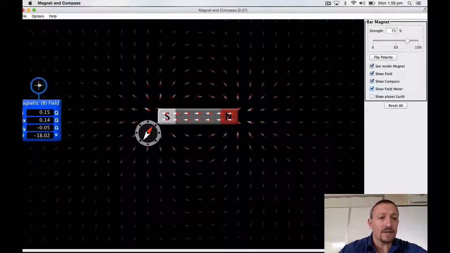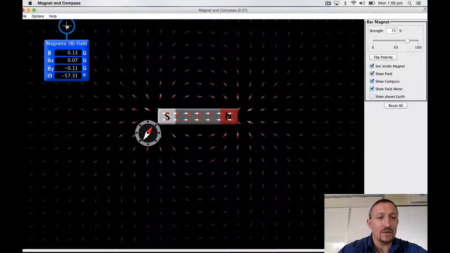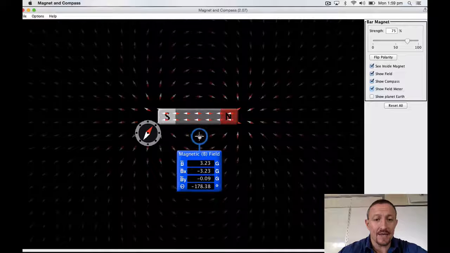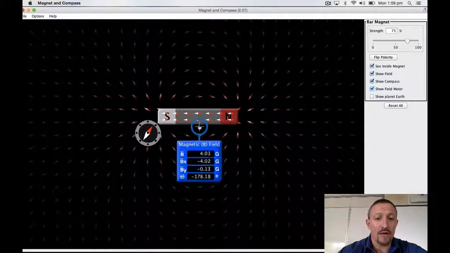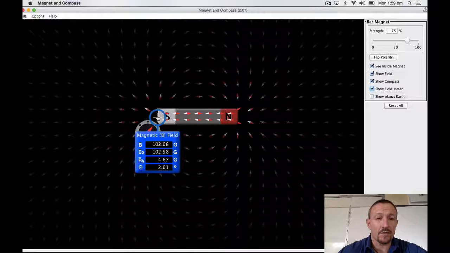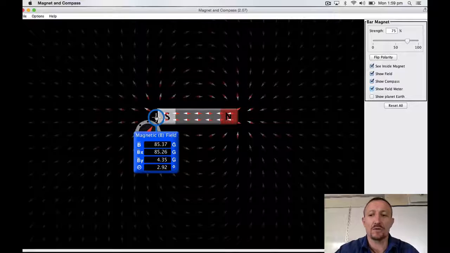Again, if I take this right out here, right up to the corners, you can see that it's pretty weak. Take it into the center here, and it's getting gradually stronger. It's not as strong as we would find right at the poles, because right at the poles, I'm going to have huge numbers of field lines coming in. We call that magnetic flux, and we'll discuss that in the next post.